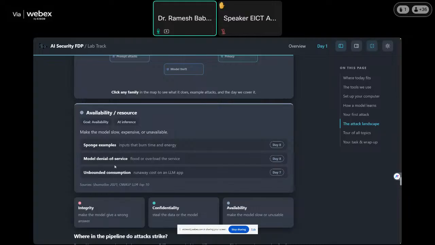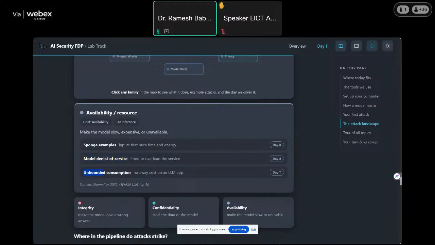Second is the model denial of service attack. It is a trivial system level attack. I would not say it is an AI attack, but a system level attack where you flood the entire LLM server with a lot of queries, making it very hard for the server to answer your queries.